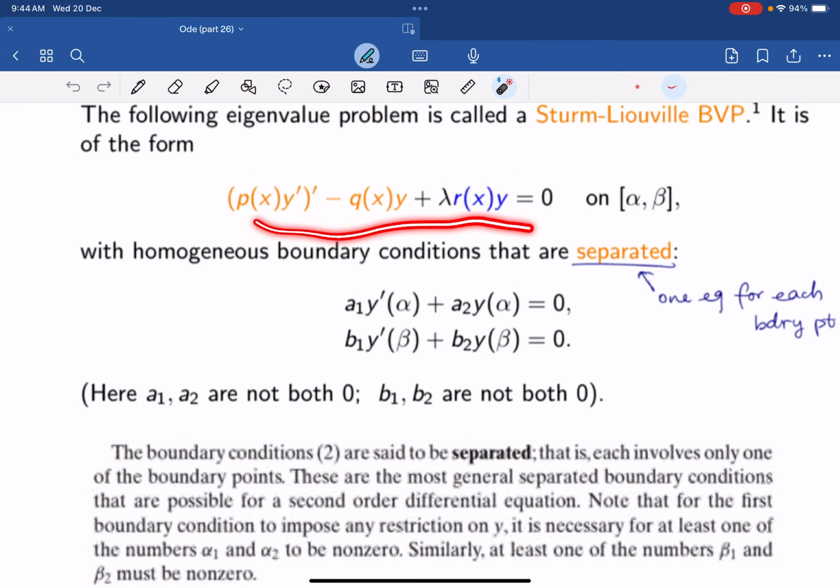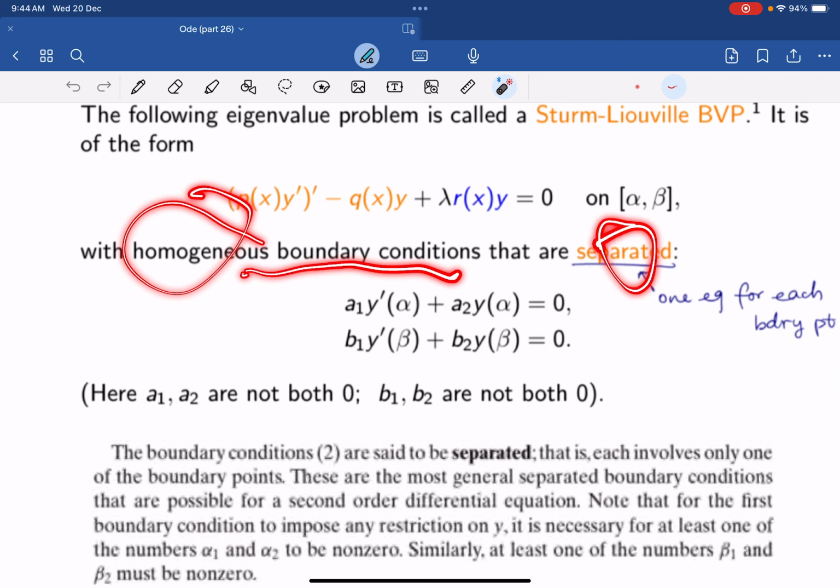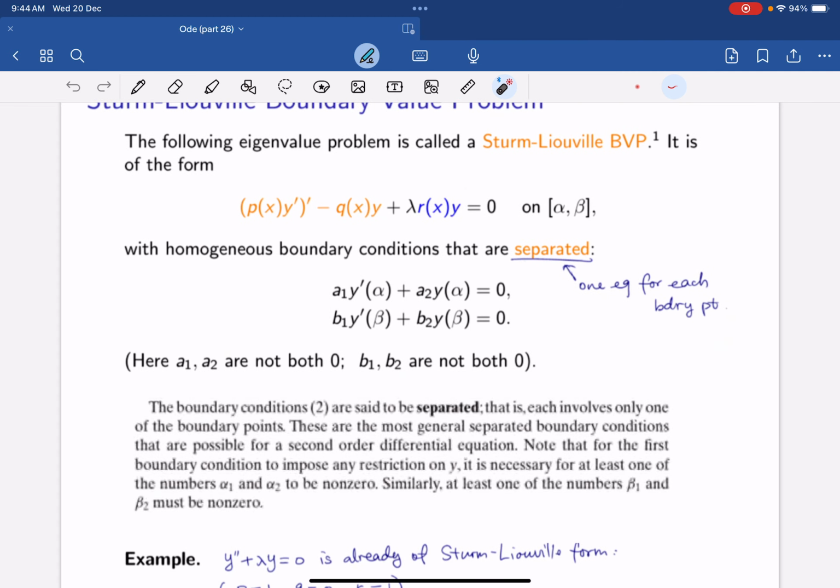So you can write it in this form, and the boundary conditions are homogeneous and separated. Boundary conditions are said to be separated if they involve only one boundary per equation. So you can see from the first one, it only involves alpha, and the second one only involves beta.